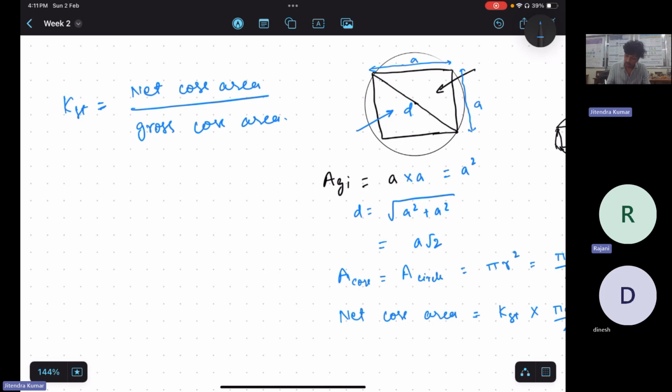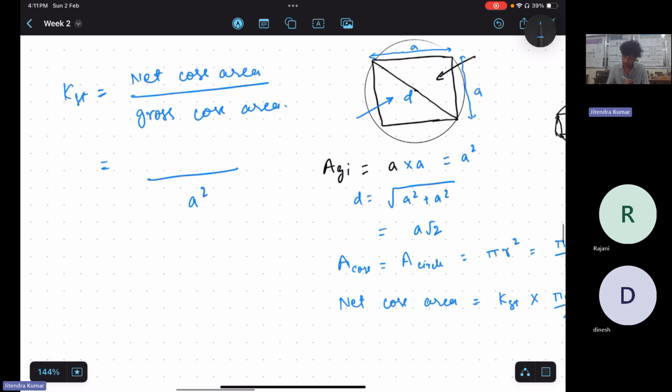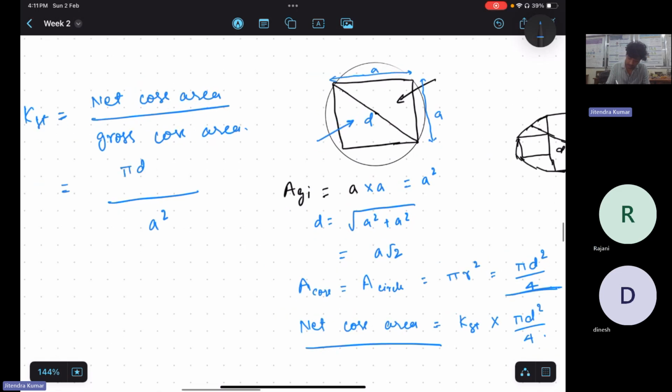For the rectangular core, the gross area is nothing but A square, and the net area is pi D square divided by 4, and D we can relate as A root 2.